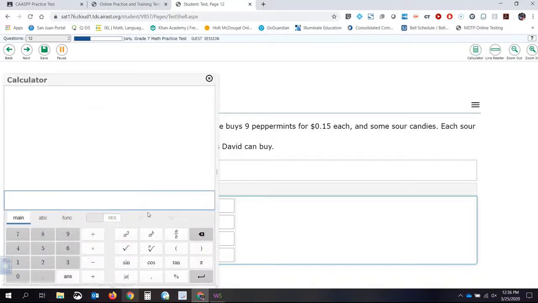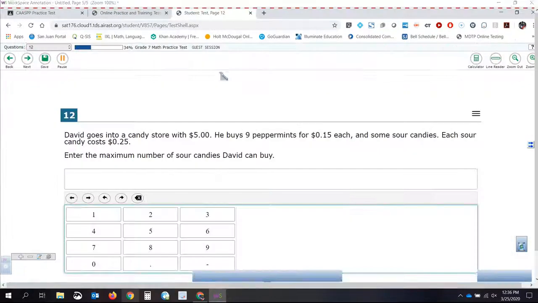All right, so we are going to do 9 times 0.15. All right, and our answer shows up on this side, $1.35. So 9 peppermints at 15 cents each is going to be $1.35.